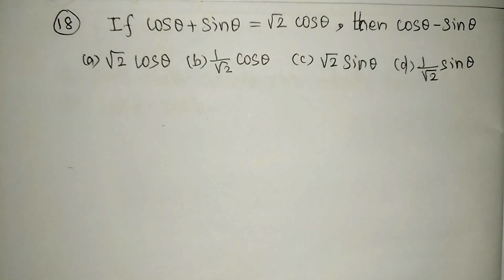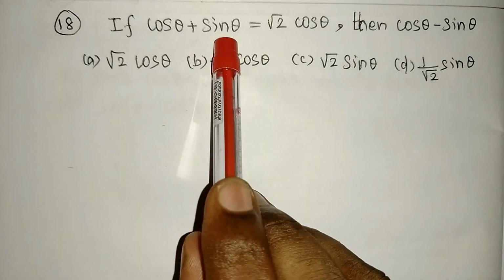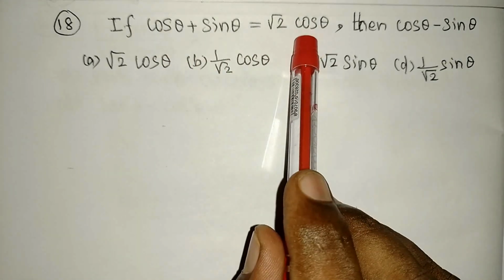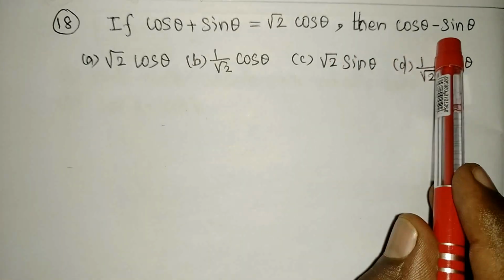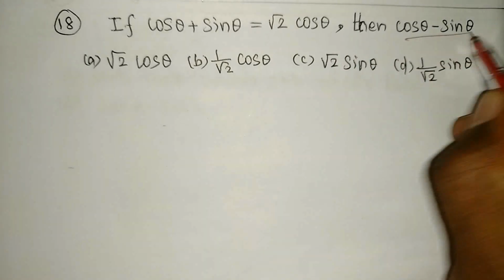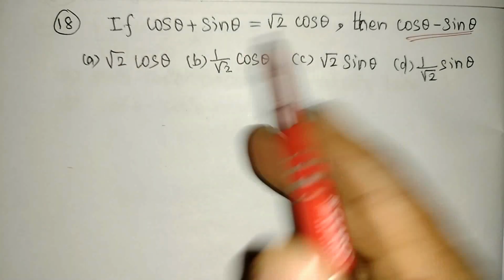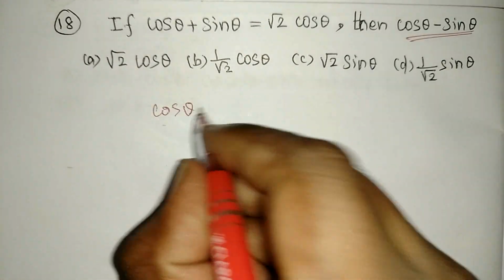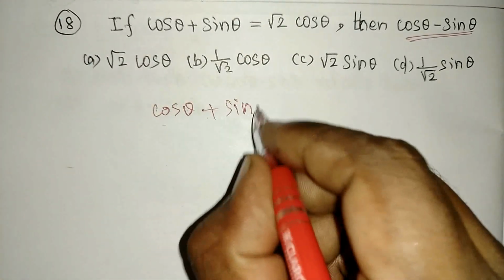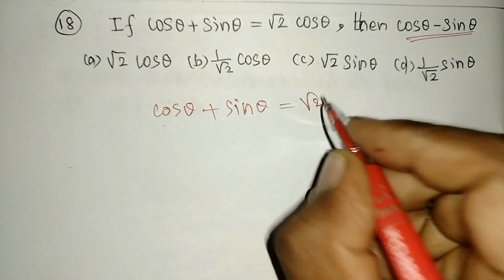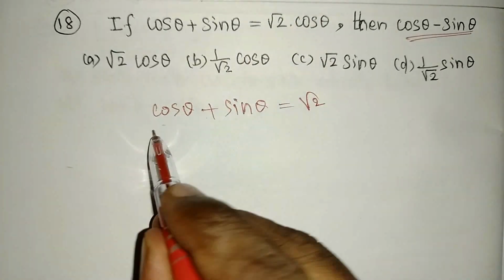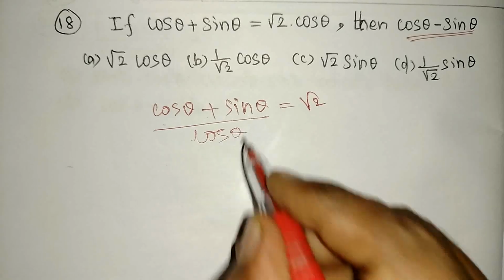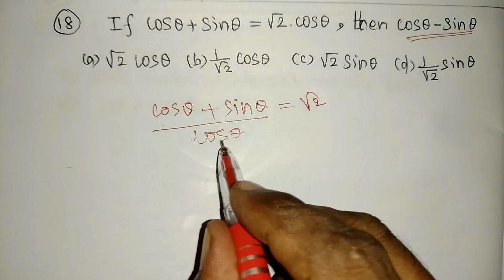18. If cos theta plus sin theta is equal to root 2 into cos theta, then cos theta minus sin theta equals what? This is what we have to find. They have given cos theta plus sin theta equal to root 2 cos theta. The multiplied value, if it's on the opposite side, will divide. So divide by cos theta. Right. Now this is common for both.